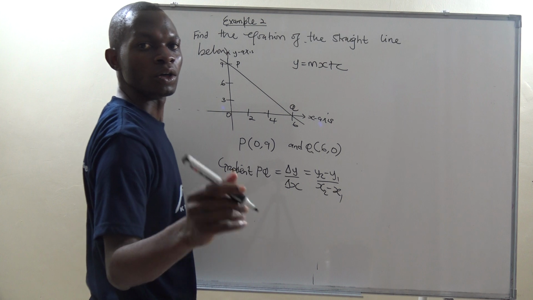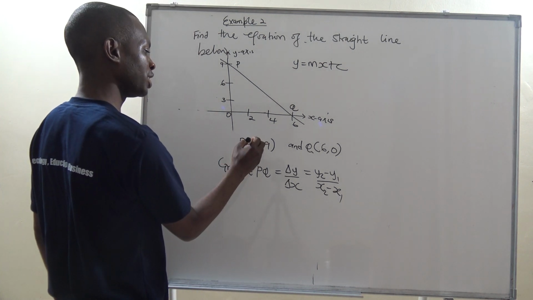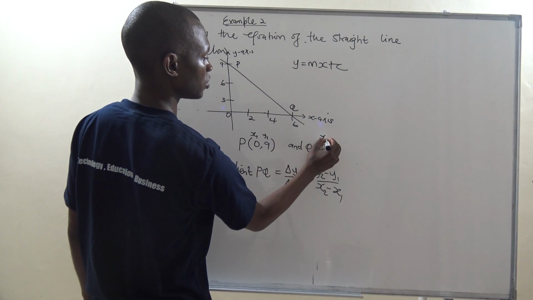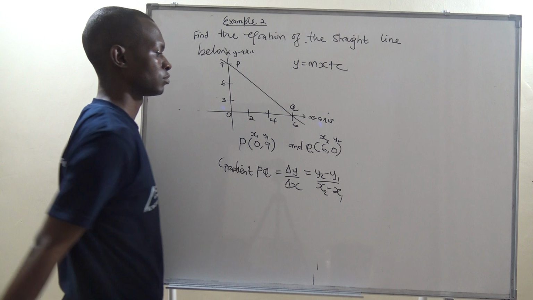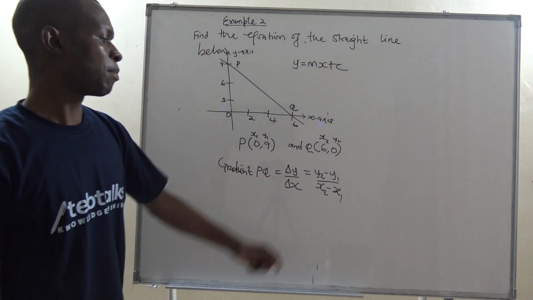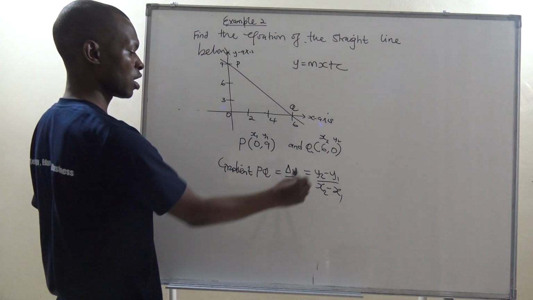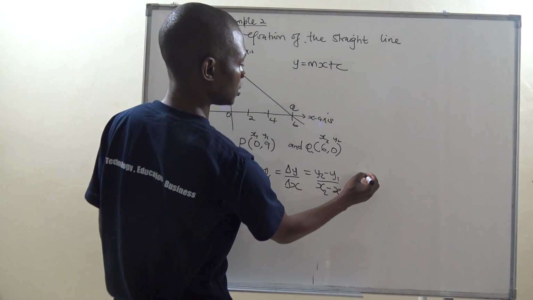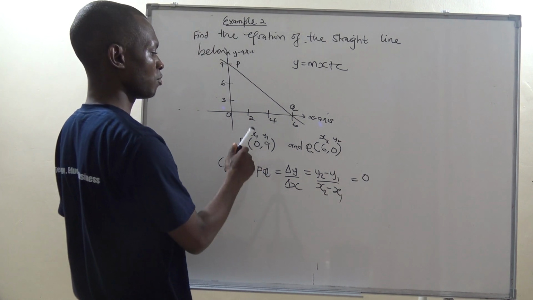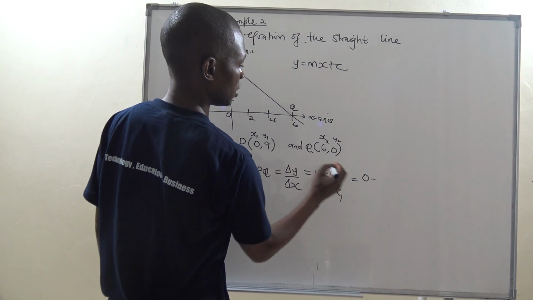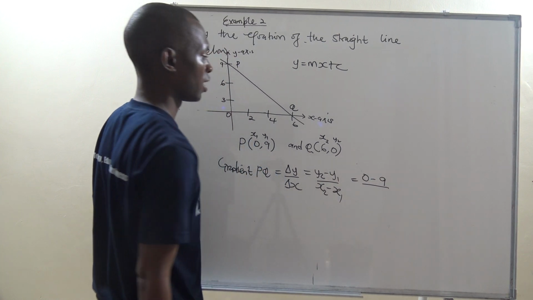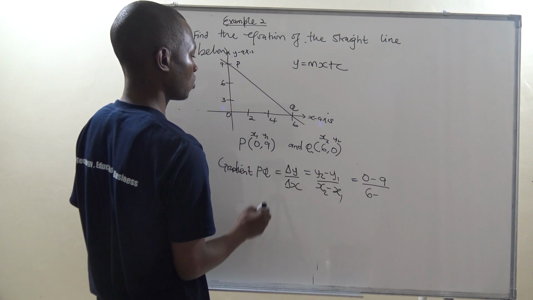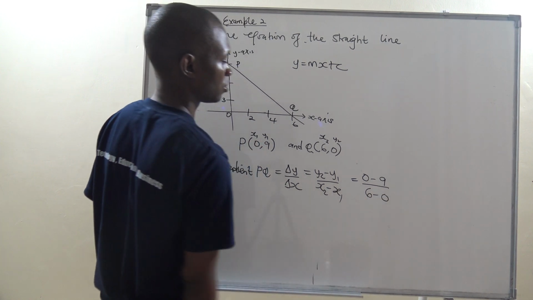As I told you, the first coordinate has the values x1, y1, and the second coordinate has the values x2, y2. So come back and substitute in your formula. My y2 is 0, my y1 is 9, all over x2 is 6, x1 is 0.